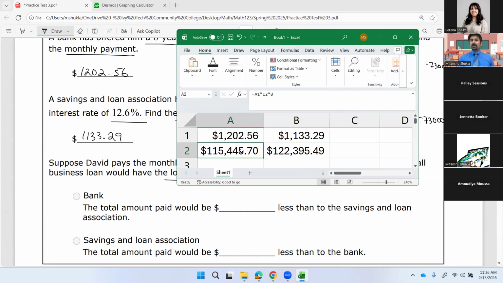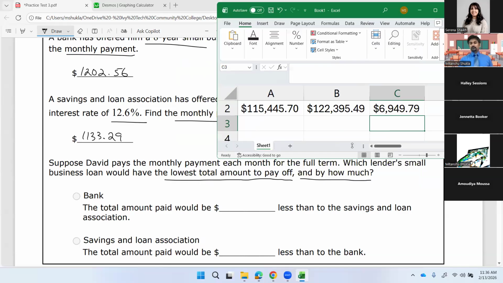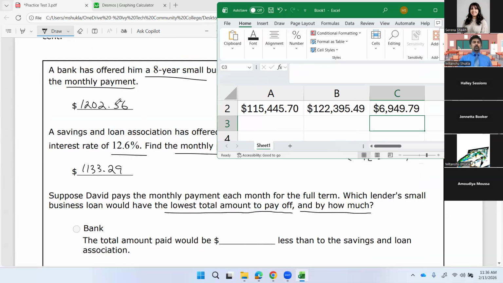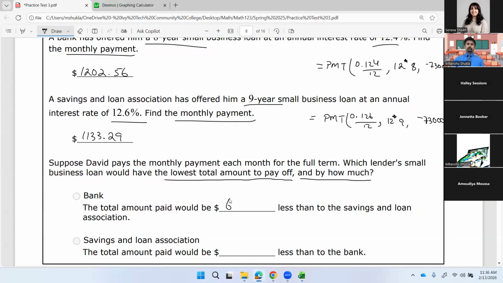A was better, right? The one that I had to pay more money monthly, but it was less interest by a significant amount. But by how much? By almost $7,000. So 1 year saves me $7,000. Okay. So we know that the bank is the better deal because it's 6,949.79 less.